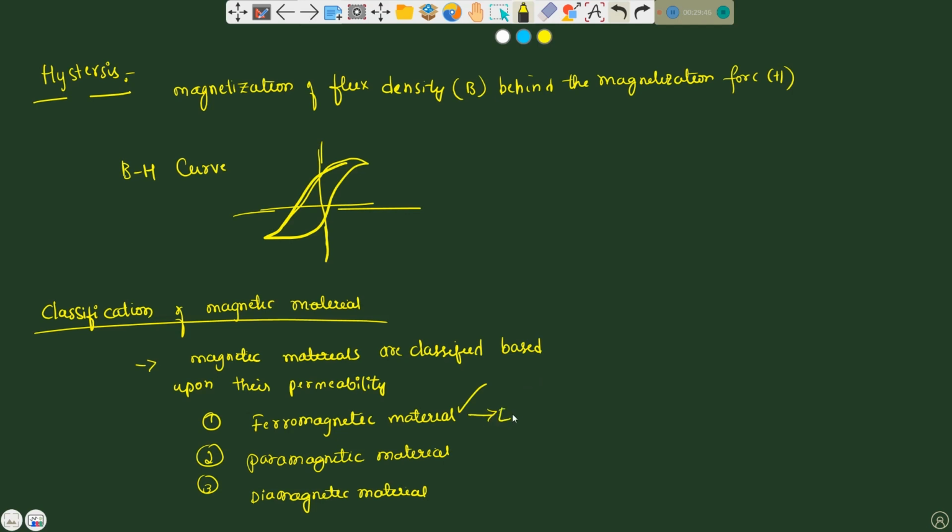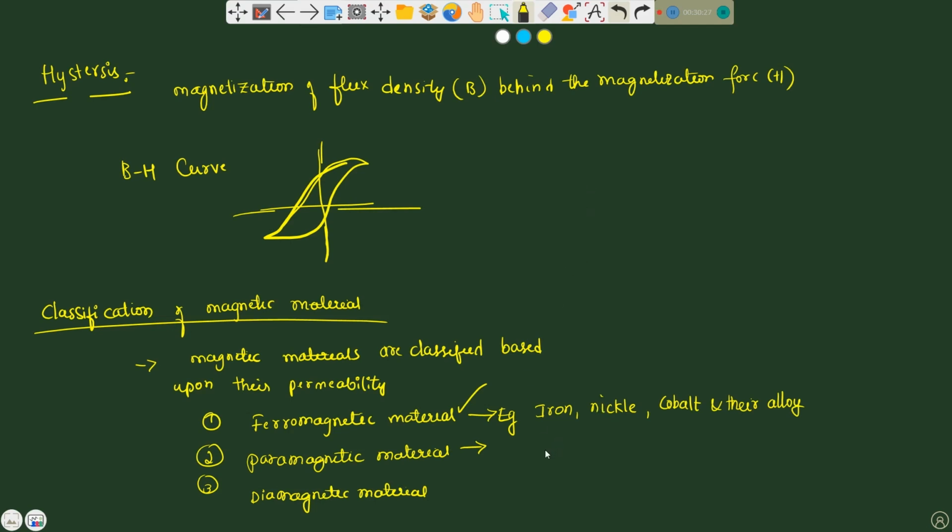Example, iron, nickel, then we have cobalt and their alloys. Such materials are called ferromagnetic materials.